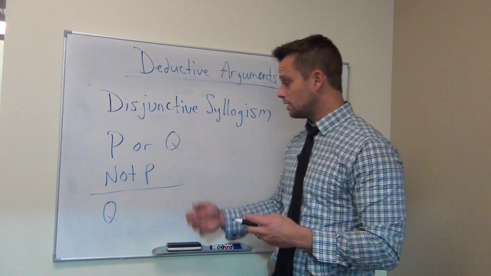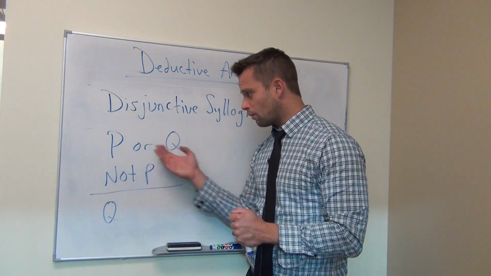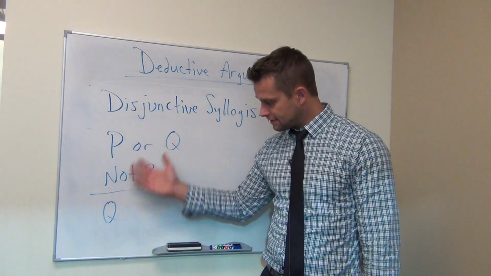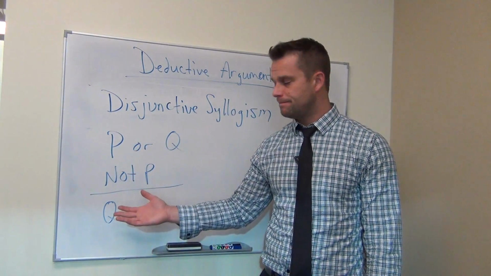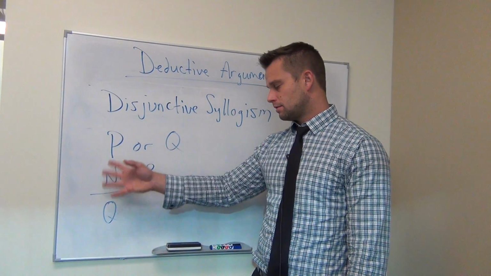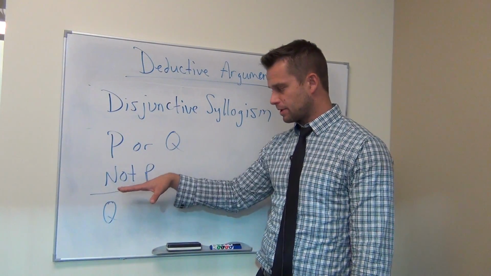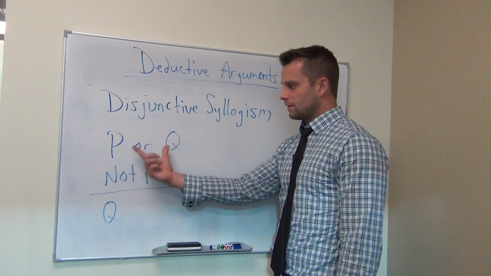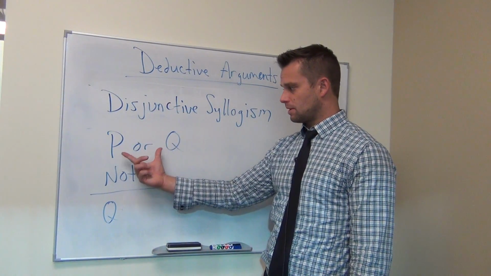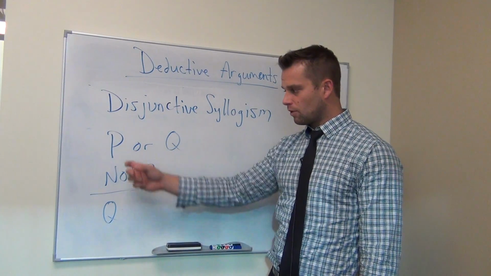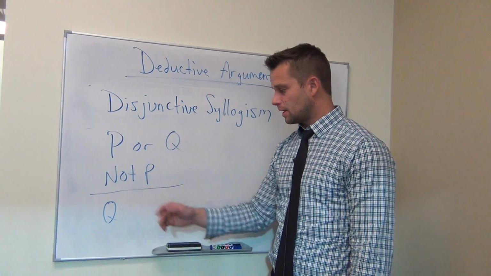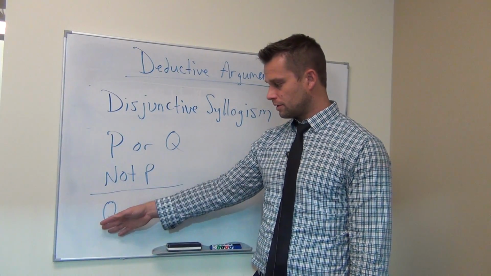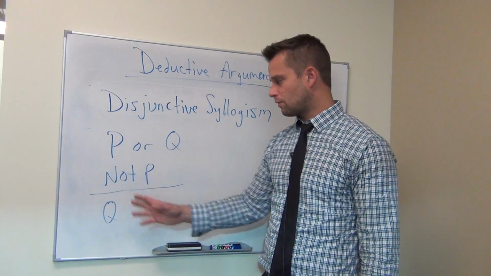So if I tell you I'm either a man or I'm a woman, but I'm not a man, therefore of necessity I must be a woman. Now, again, in that case, the second premise would be false. But whenever you have a disjunct, an or statement, P or Q, and you negate one of them, then of necessity, the other must be true. So if these two premises are true, the conclusion is true. This is a valid form.